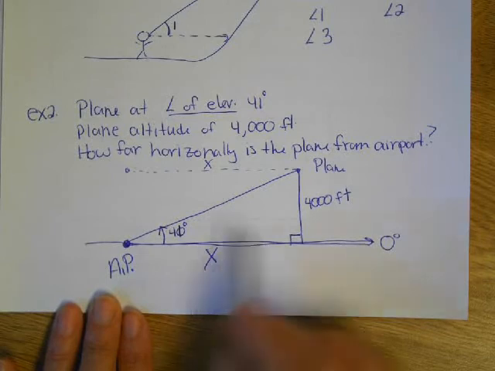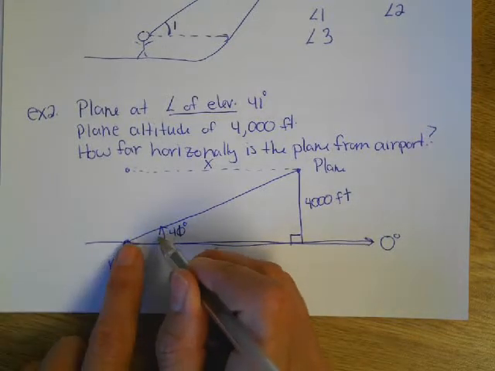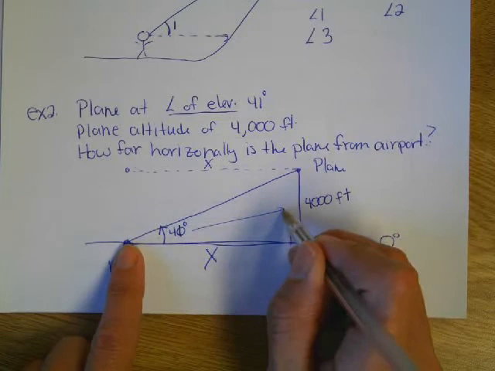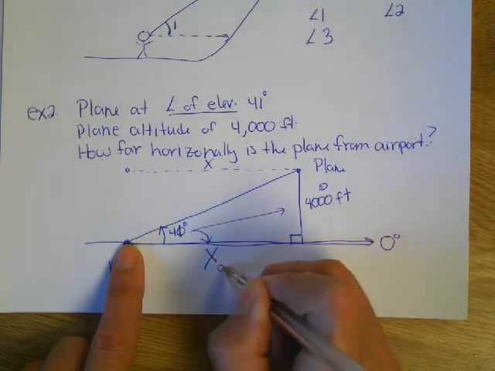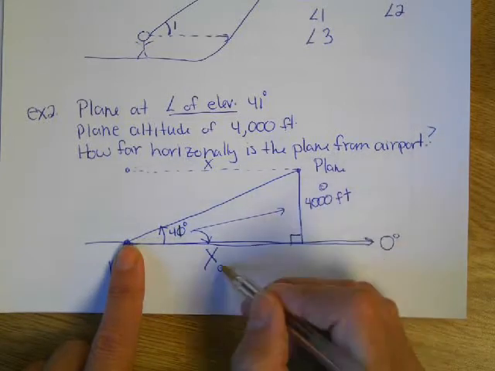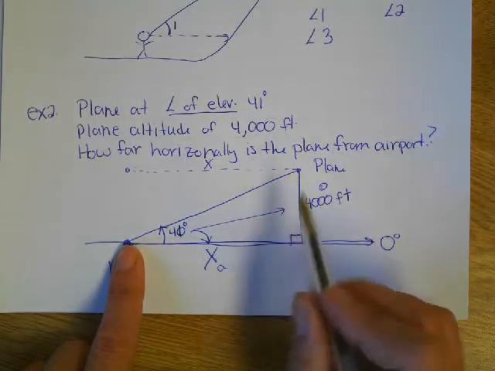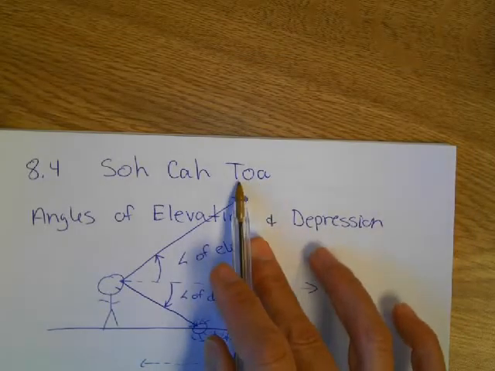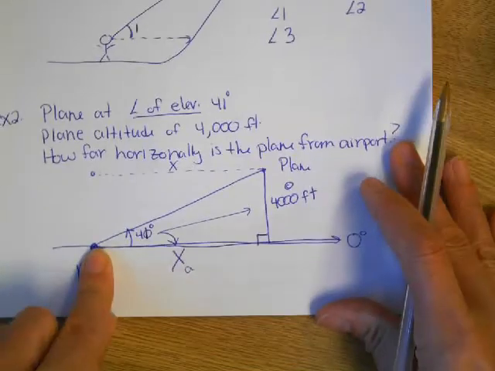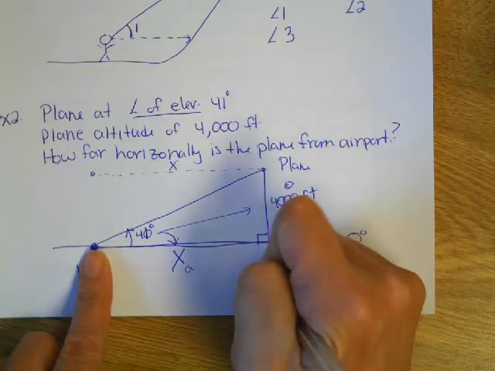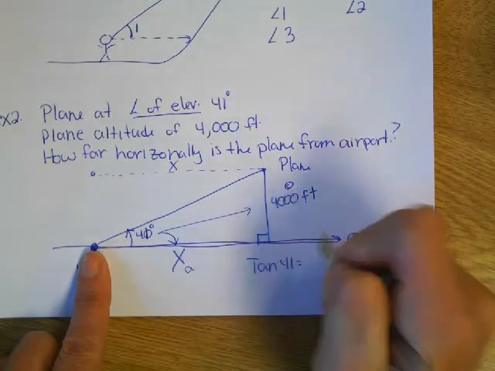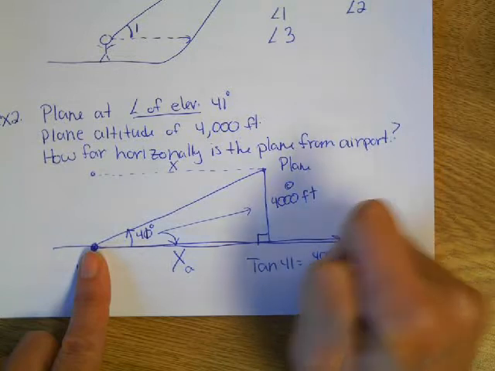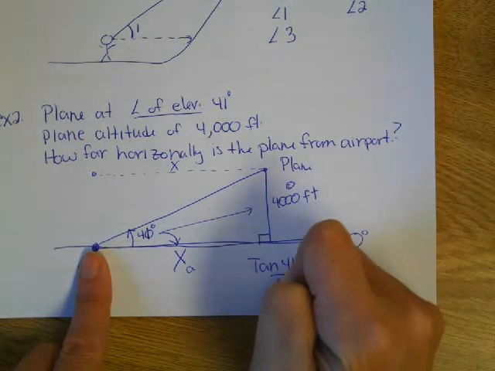So now it's just a matter of labeling, standing here at the 41. This would be my opposite. This would be my adjacent, because the hypotenuse would be over there. So opposite and adjacent, if I look at the top of my paper, that's TOA. So I'm going to set up a tan. O and A are in the tan. So, simple setup, tan of 41. I have to put opposite on top of adjacent.